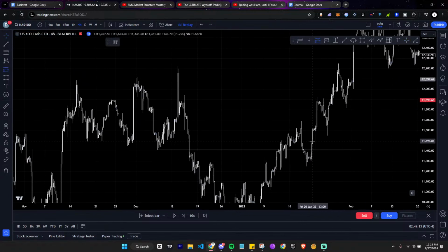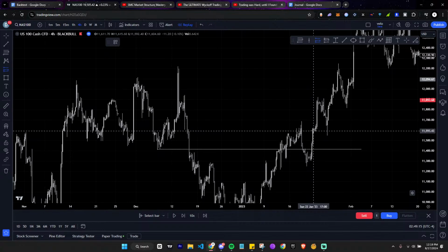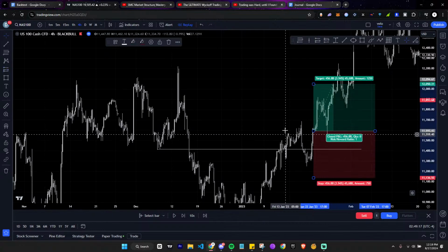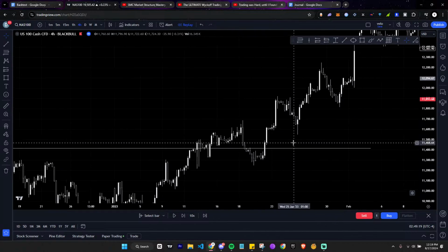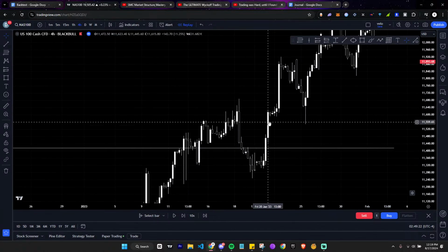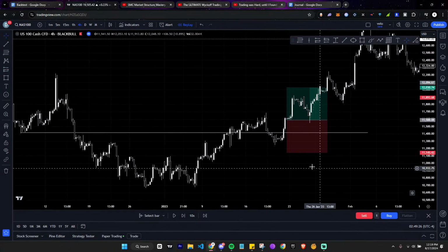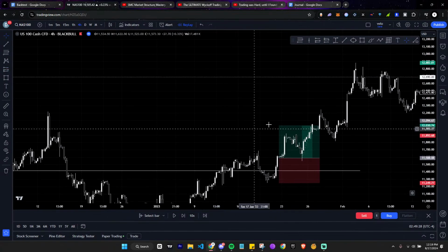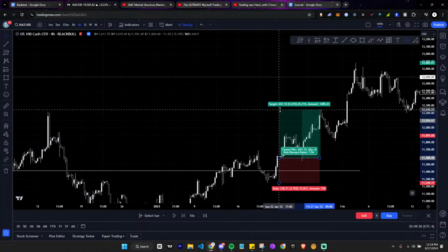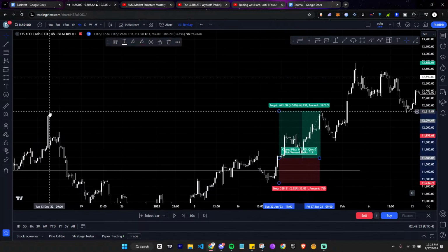Let's see if this works out. Let's say you entered over here, or even let's say here, right? Yeah, so let's say you entered off this and this is your swing low, targeting this drawn liquidity right here.